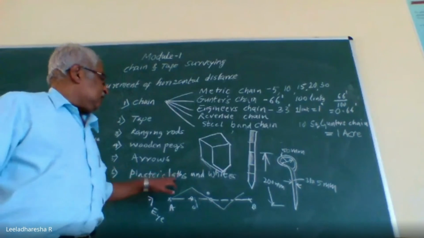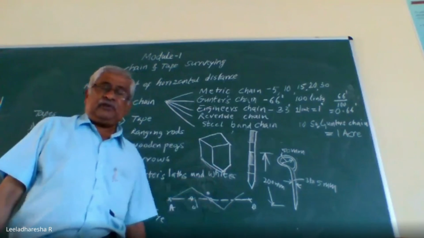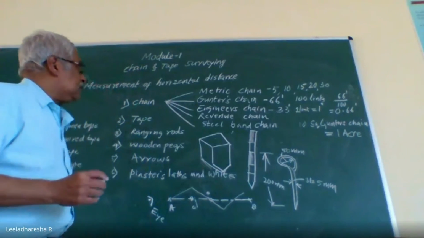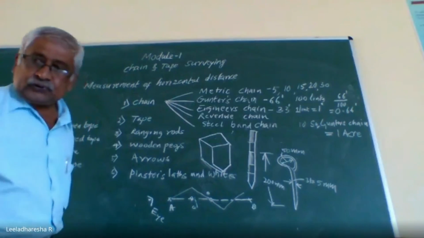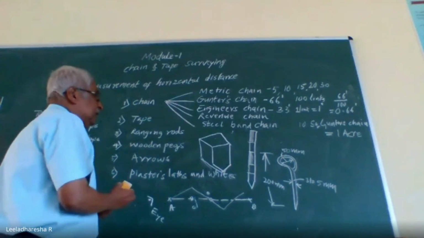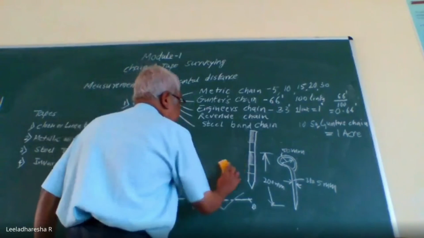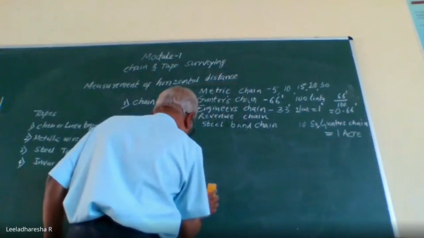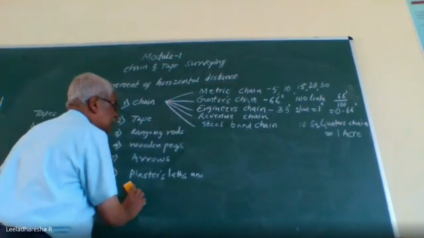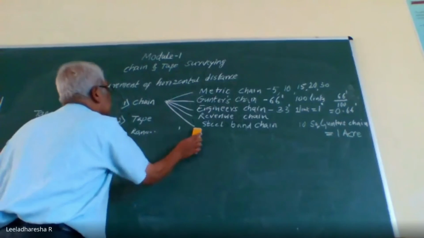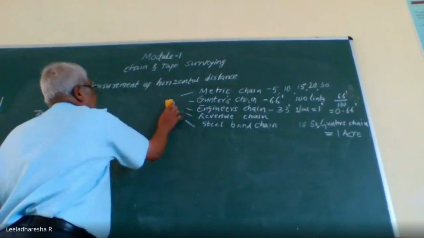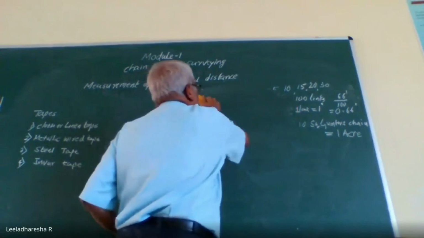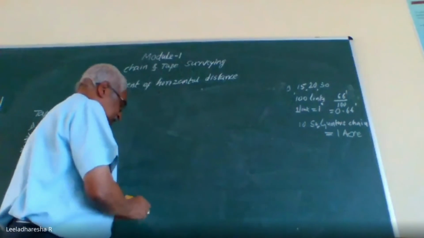Then coming to plaster slabs and whites. This is also one of the instruments used in survey, particularly for identifying points which are more than 500 meters away, where visibility is not enough to trace out a ranging rod held. Therefore, under such cases, we use this plaster slab.